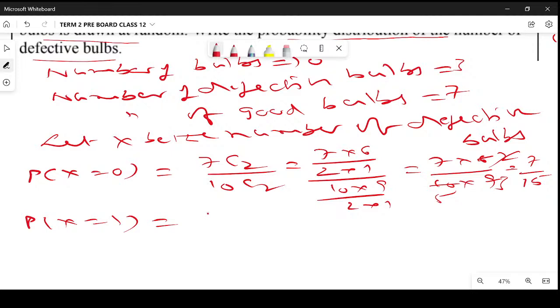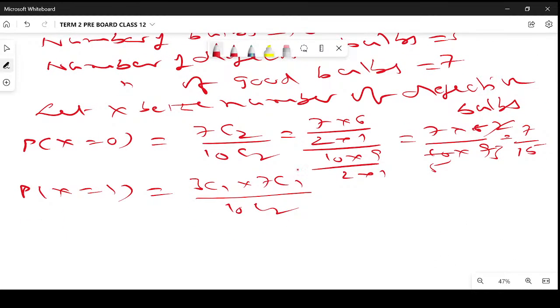So out of 3 defective bulbs I get 1, and 1 good means out of 7, 1, by 10C2. There is no change. 3C1 is 3, 7C1 is 7, and 10C2 is 10 into 9 by 2 into 1.